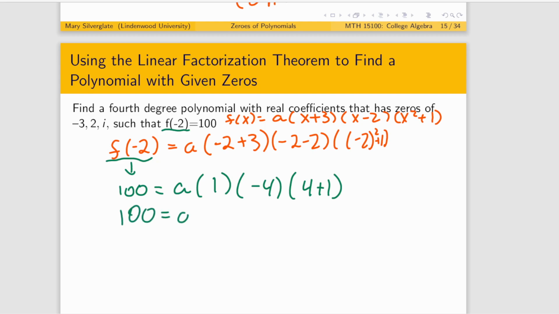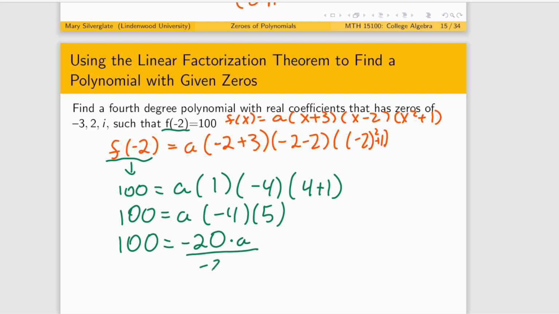So I have 100 is equal to that multiplication factor. 1 times negative 4 is negative 4. 4 plus 1 is 5. Negative 4 times positive 5 is negative 20, and we're multiplying that by a. I just flipped around the order since we're used to seeing the a behind. And then we undo multiplying by negative 20 by dividing by negative 20. So my unknown multiplication factor is negative 5.